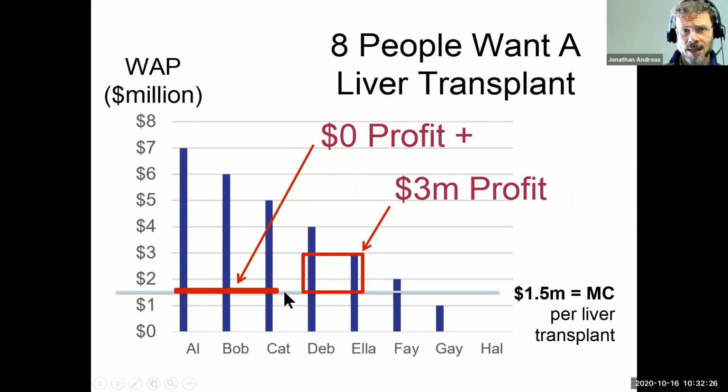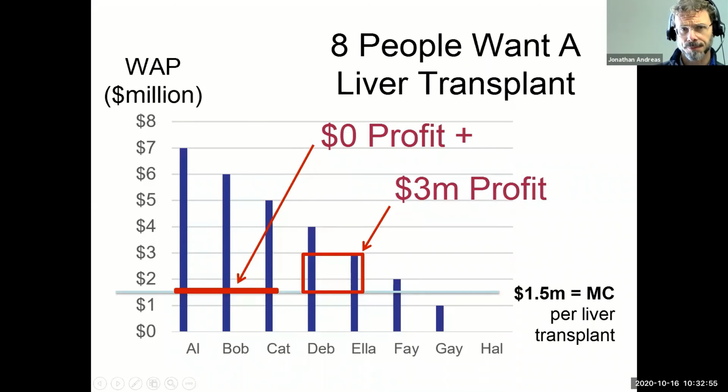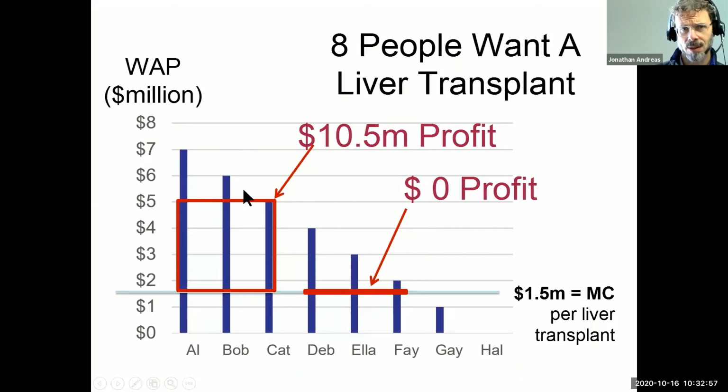So same kind of scenario where there's 3 people with insurance, but the profit is a lot smaller in this scenario than in this scenario, and with higher profit in a nonprofit scenario, it's much easier to serve the people like Gay and Hal and all the other people that maybe can't even pay the marginal cost of liver transplants.